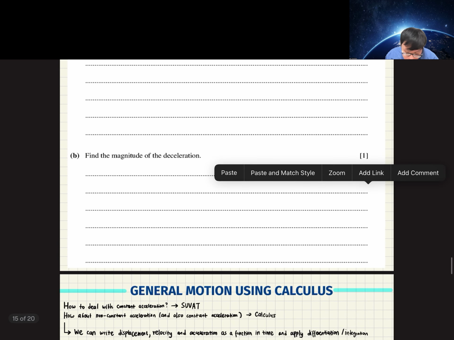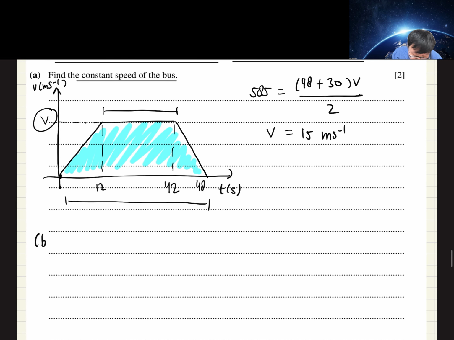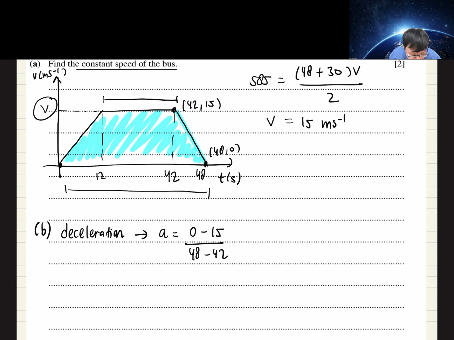The second question, and the last one, is the magnitude of deceleration. So I'll do it here. From 42 to 48, the object decelerates, and we can find the deceleration by using the gradient. This point is 42, V is 15, until rest at 48, 0. So the gradient will be 0 minus 15 over 48 minus 42.